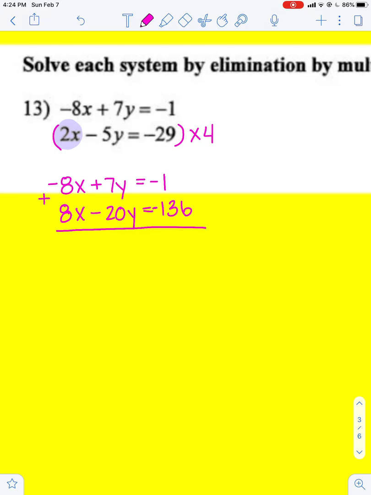So then we can add these together because if you notice, I have two opposites now. And this would give me negative 13y is equal to negative 137. And then we would divide both sides by negative 13. Did I do that right?